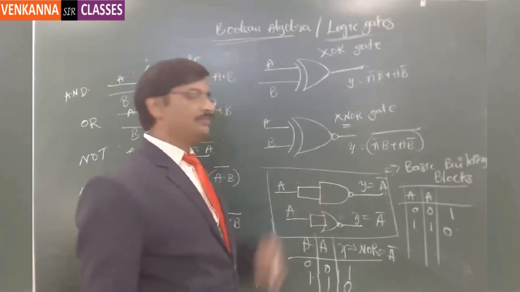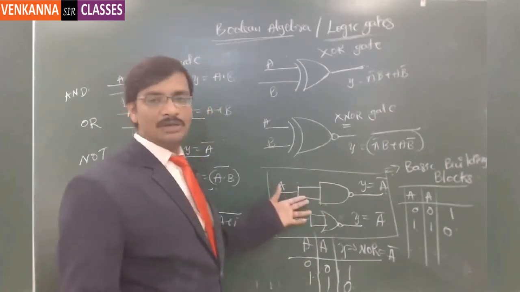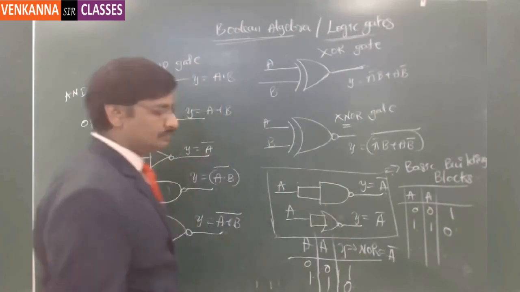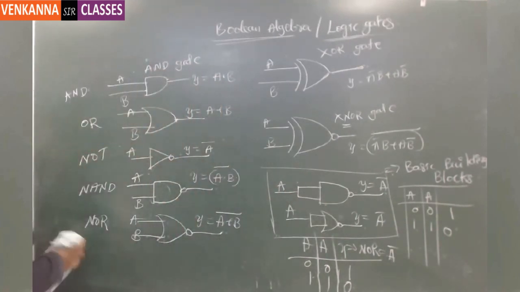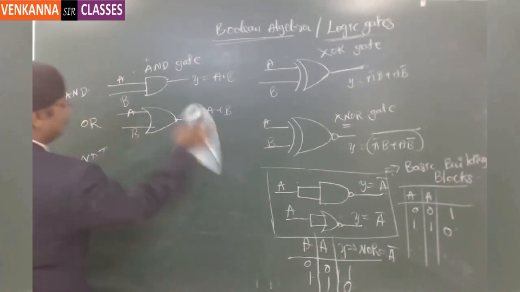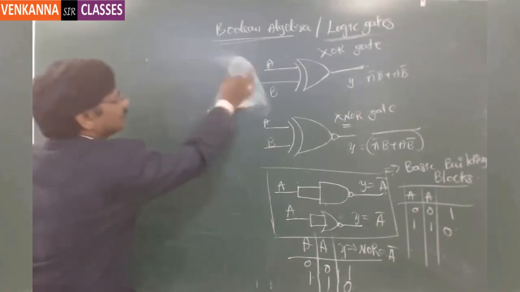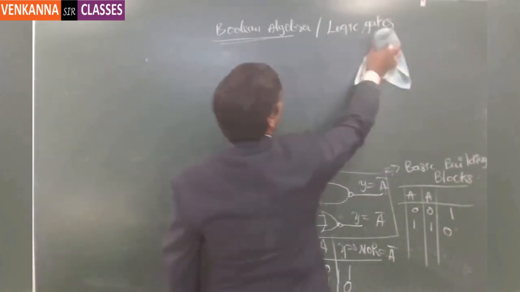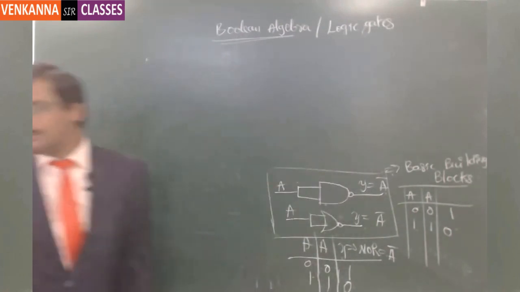Got it? Now let us construct an AND gate from here. So from the NAND gate, how can we construct an AND gate? I hope you noted down. So with the help of NAND gate, I wanted to construct an AND gate.